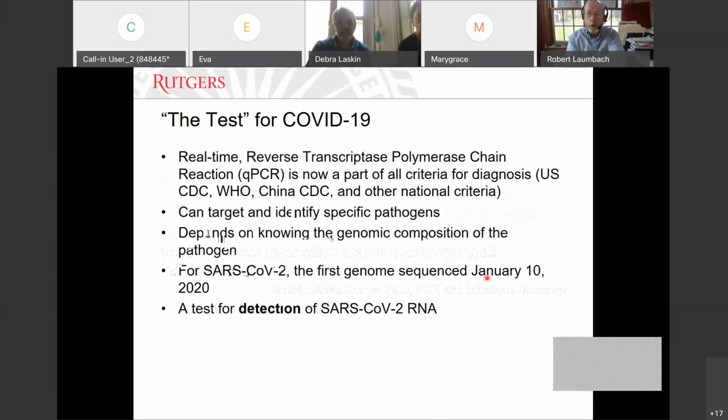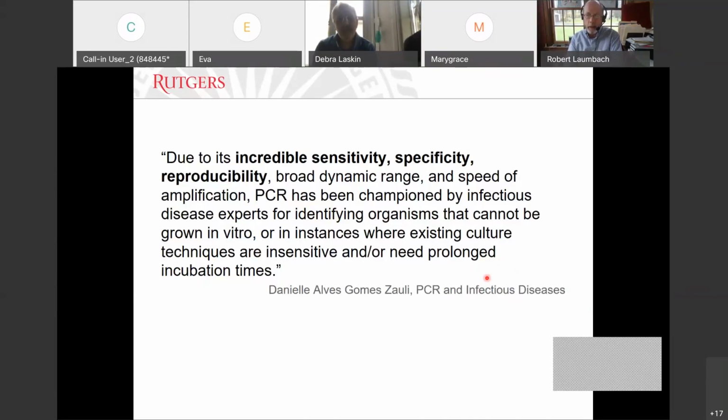And so PCR in general, and in this case being applied to COVID-19, has been really accepted as being, to quote a recent quotation in an online journal article, due to its incredible sensitivity, specificity, reproducibility, broad dynamic range, and speed of amplification, championed by infectious disease experts for identifying organisms that cannot be grown in vitro, or in instances where existing culture techniques are insensitive or need prolonged incubation times.